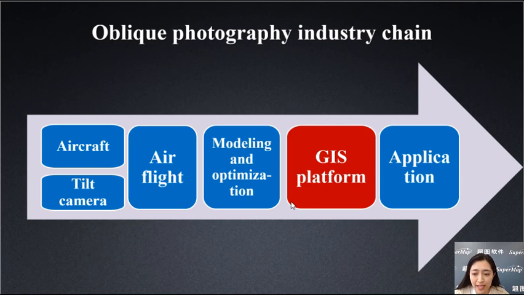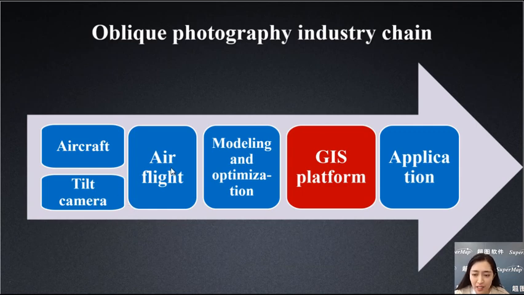Then the process of making oblique photography applications, which is its industry chain, is shown in this PowerPoint. The first is the development of the oblique photography aerial platform, which mainly includes flying platforms such as powered delta wings and unmanned aerial vehicles, and oblique photography cameras.